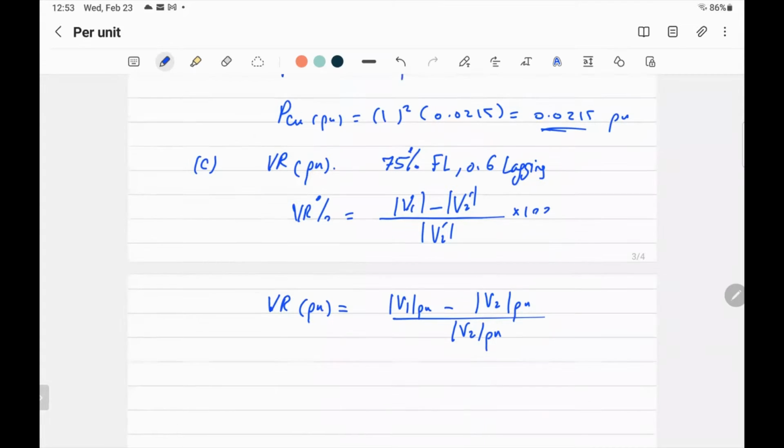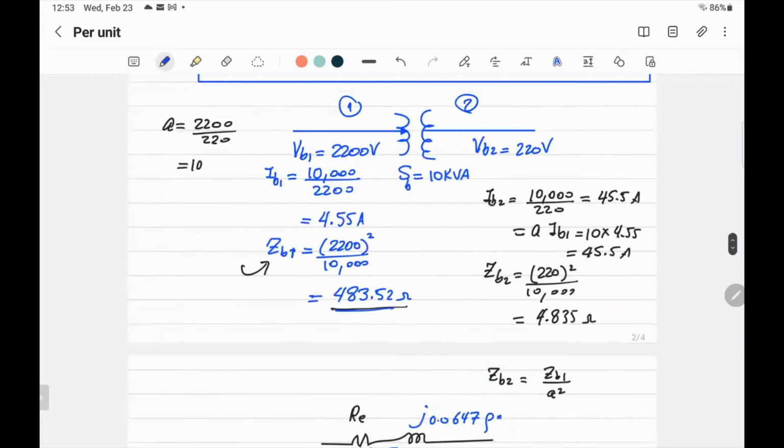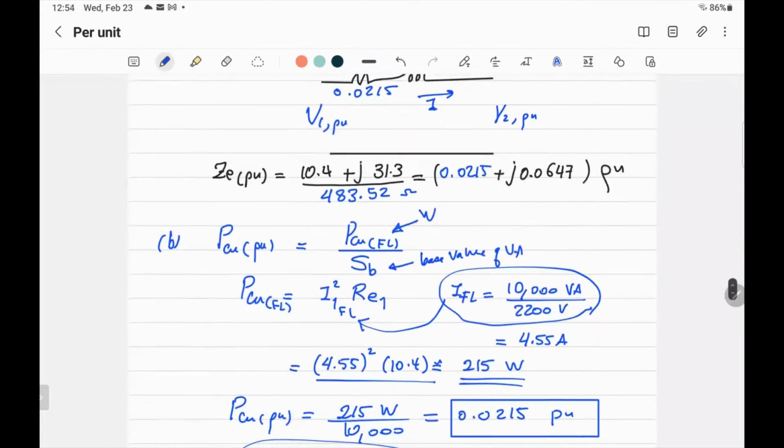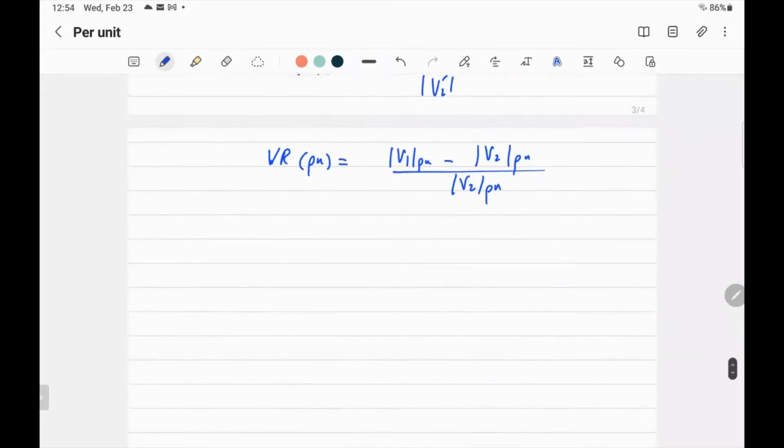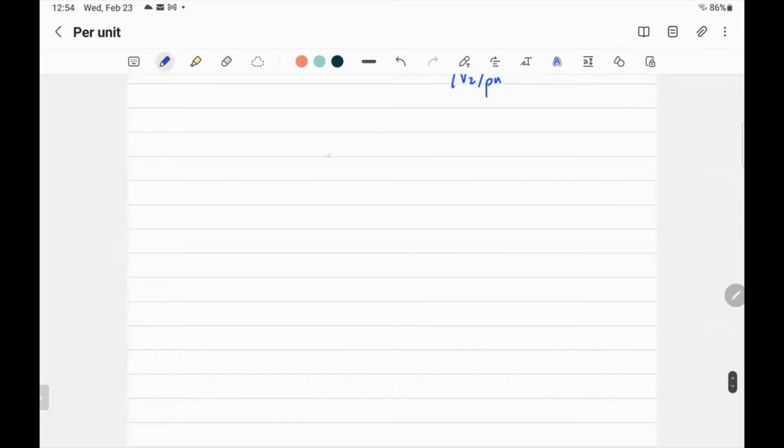Okay, I'll go back to the transformer equivalent circuit. Oh, it's messy. That's the transformer resistance 0.0215 and 0.0647 per unit, and I'm going to use the load now.